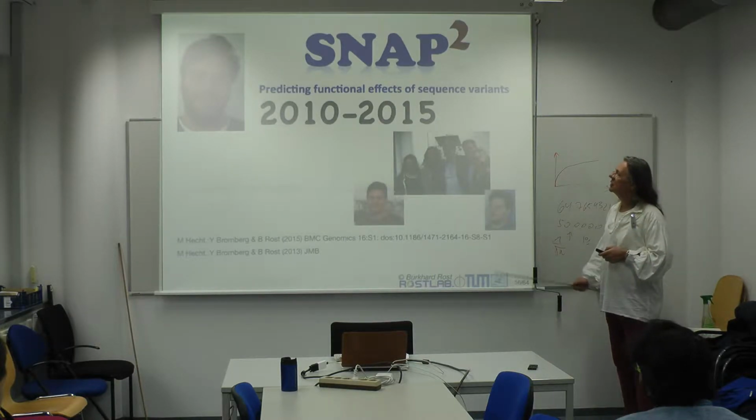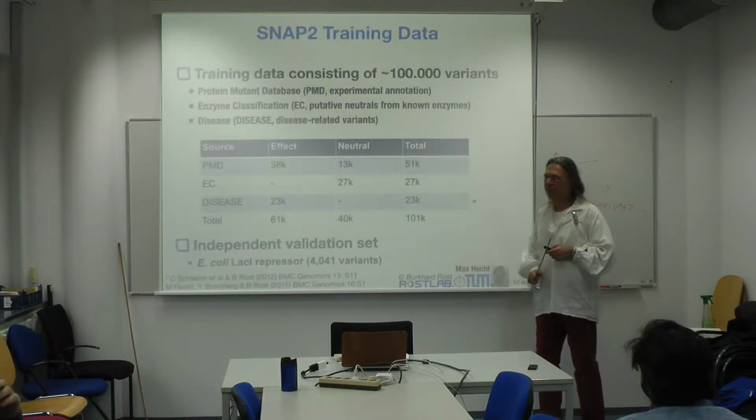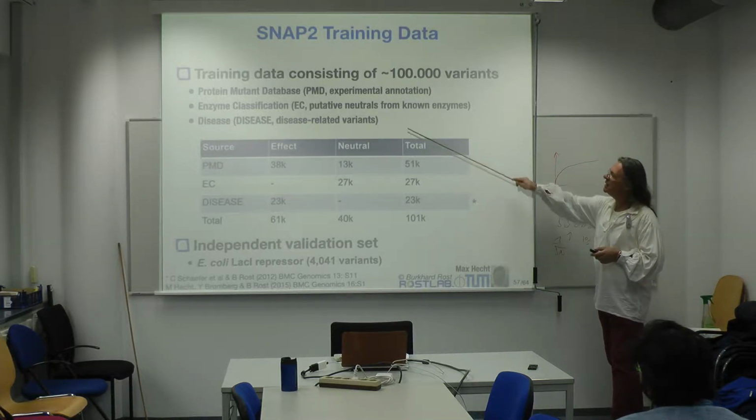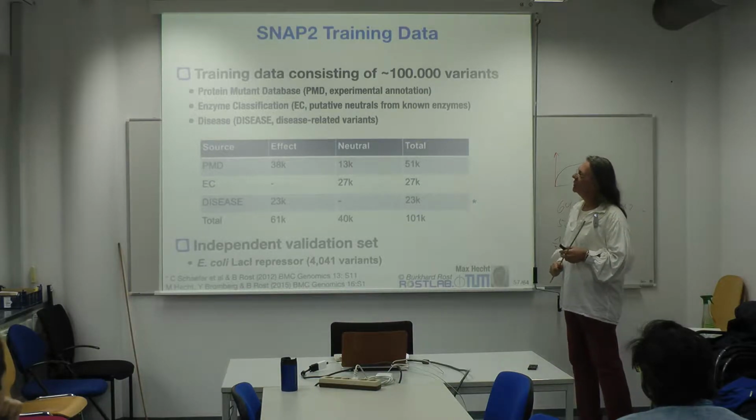So when Max Hecht went into the next round doing SNAP 2, he tried all kinds of things. He put in disease genes as opposed to the ones we had before.